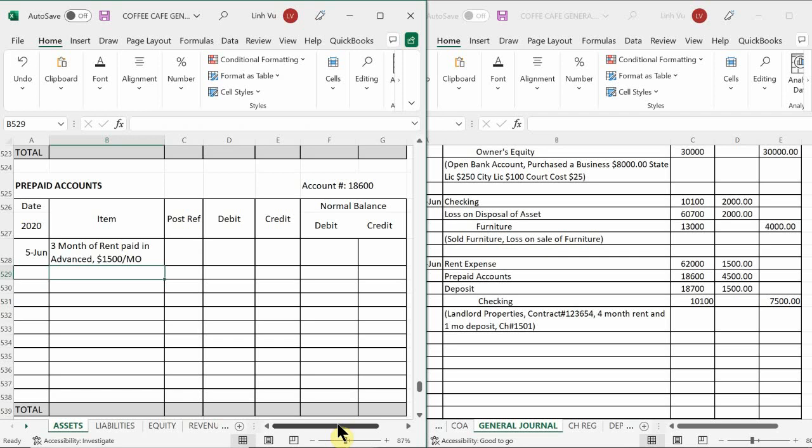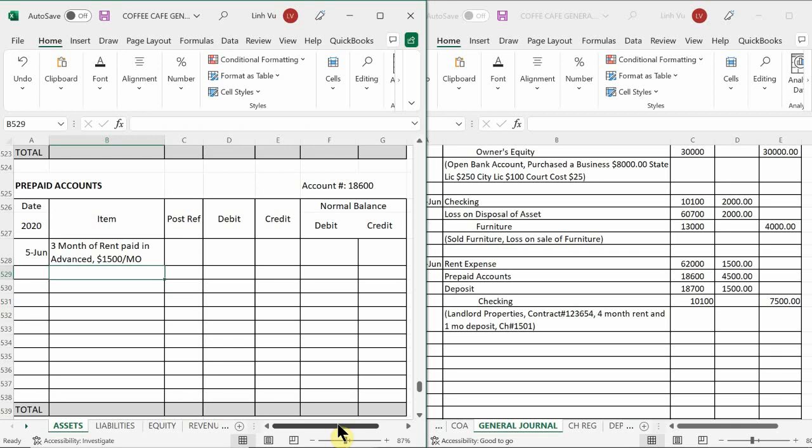Now, what's so important about this information here? Well, when you adjust your books for the following month, when it becomes July, you do have to adjust this because you will need to transfer this prepaid account into your rent expense. Because you made an advance payment for 3 months, but it's not going to be there forever.